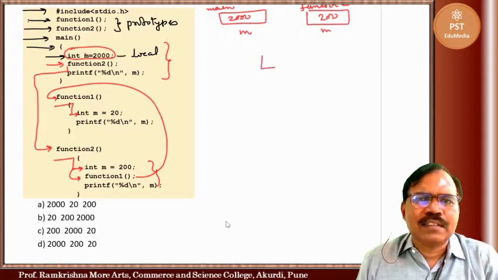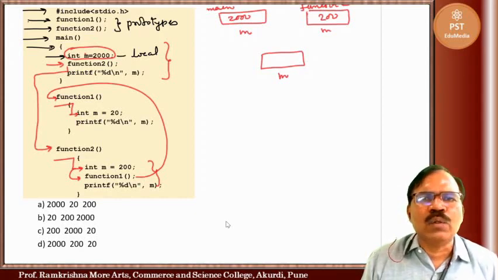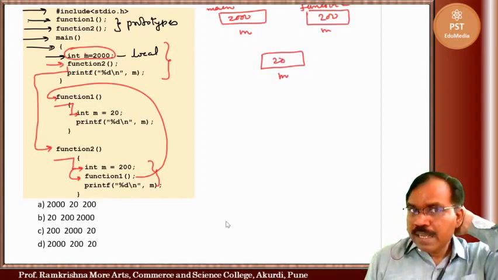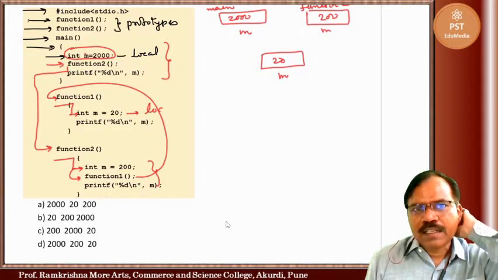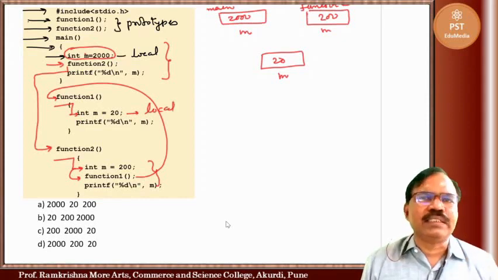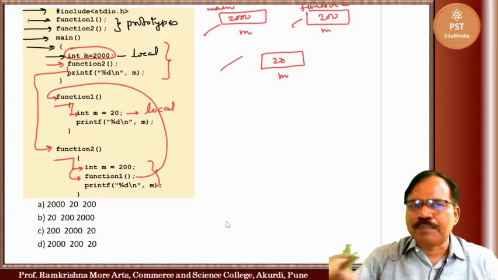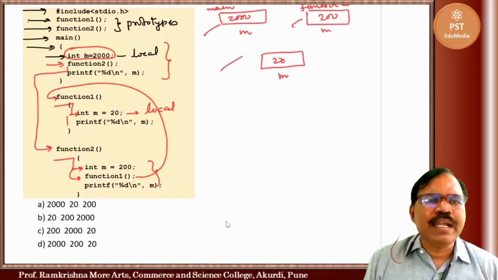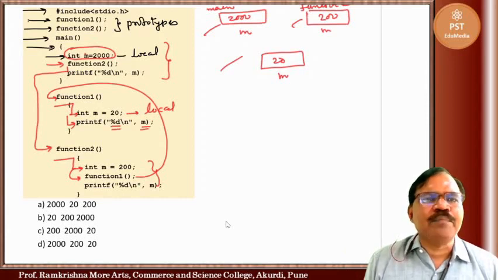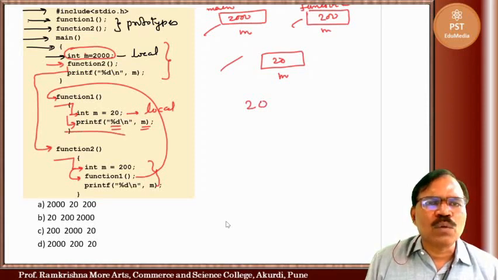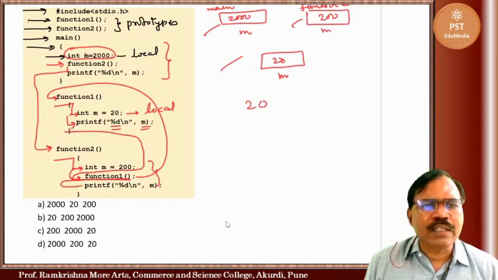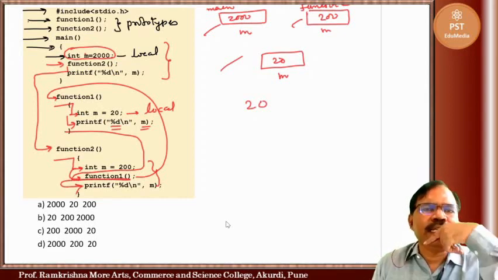Again here we have a variable m that is declared and assigned the value 20. It is also a local variable. Its scope is limited to function 1. So this m and this m are different ones. Now printf %d m. It will print 20. And then it will go to the calling point, and then to the next statement, that is the printf statement.